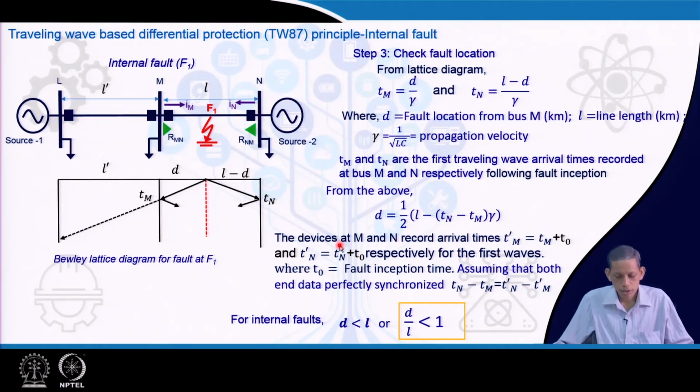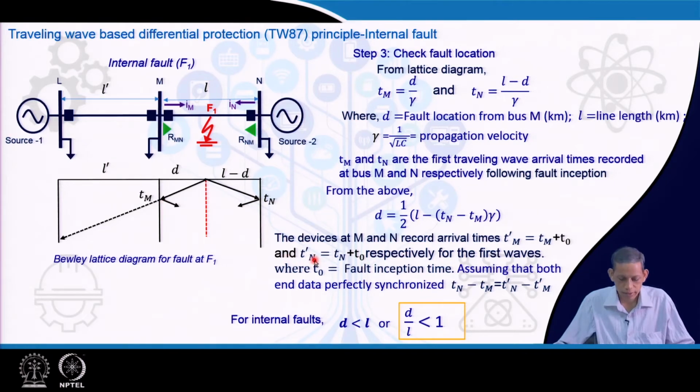Now, these devices at m and n record the arrival times, let us say T m dash equals T m plus T naught, where T naught is the fault inception time. So, there is a time at which fault is incepted, and then it traverses this one. So, the recording time at the R m n relay is T m plus T naught, and that equals, let us say, T m dash as recorded by R m n.